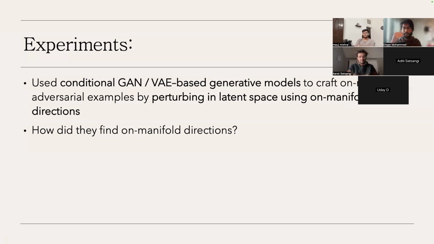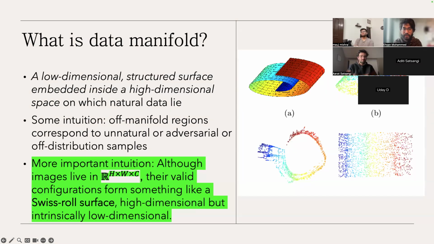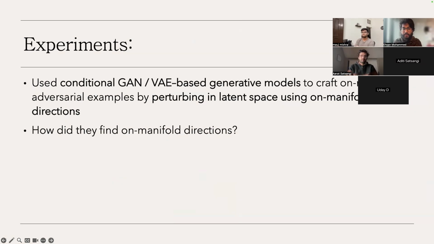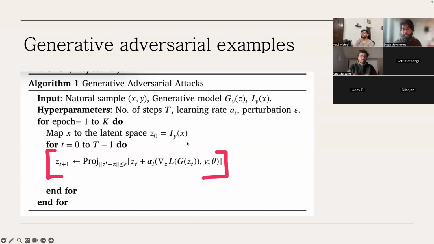As you remember in the definition of the data manifold, I can go back here. It's nothing but a low dimensional embedding of a high dimensional data. So when I'm here, I'm doing the exact same thing. It's a low dimensional embedding, which is latent space. And using this latent space, I'm going to calculate or find my adversarial examples, because this is not using x, it is using G of z instead of x.